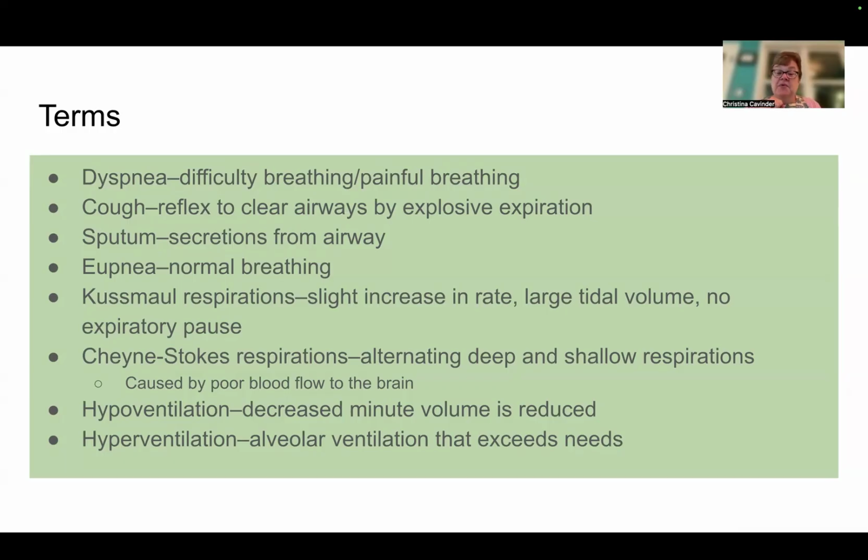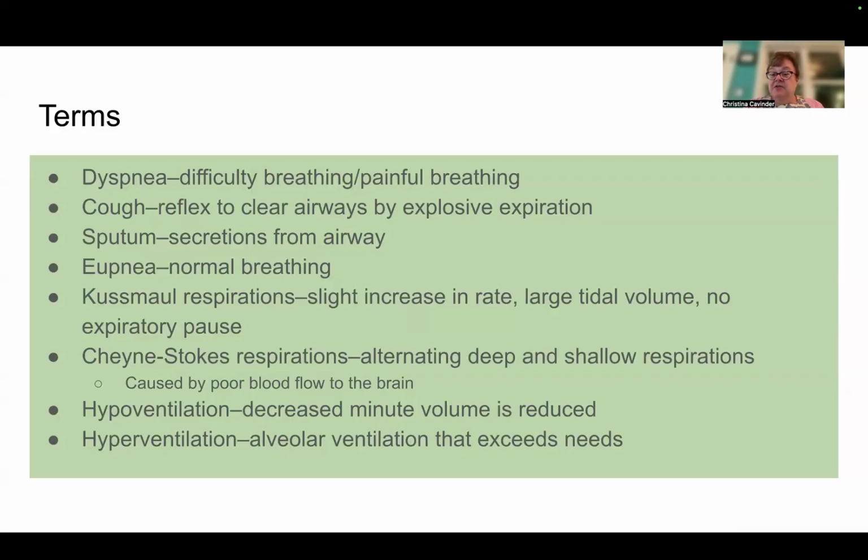Sputum, terrible word, secretions in the airway. Eupnea is normal breathing. Kussmaul respirations, you have an increased rate, you have a large tidal volume, no expiratory pause. This is not good. Obviously, this means you're very, very sick. Cheyne-Stokes respiration usually happens around death. It's caused by poor blood flow to the brain.